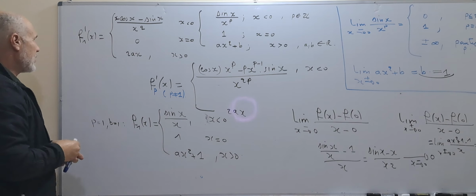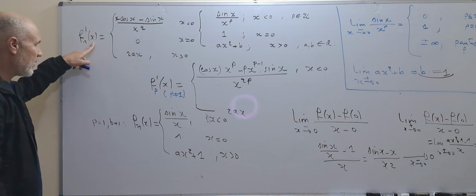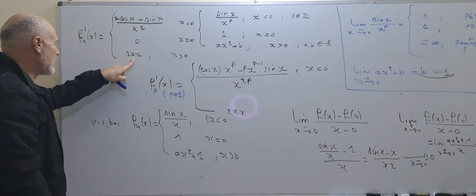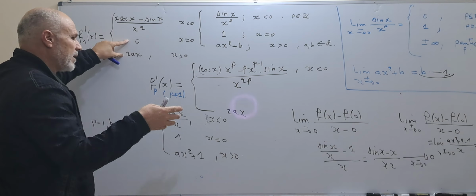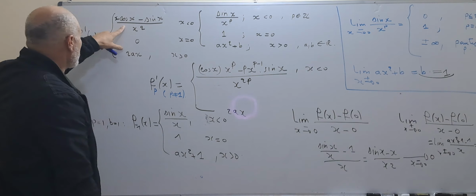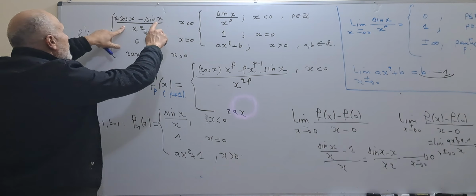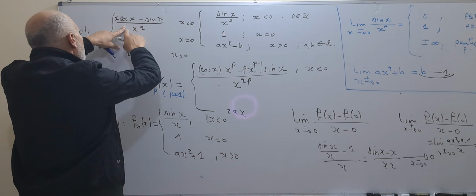Is the derivative continuous? When x goes to 0 from the right, it is equal to 0, so it is continuous at the right of 0.